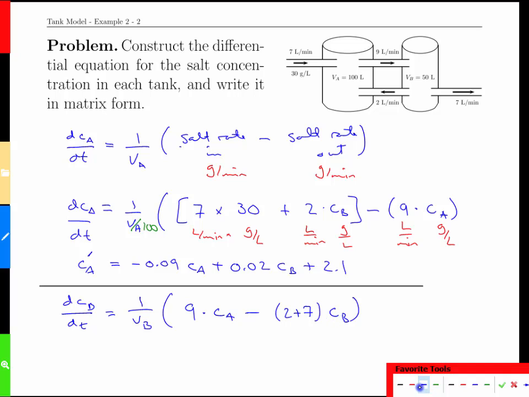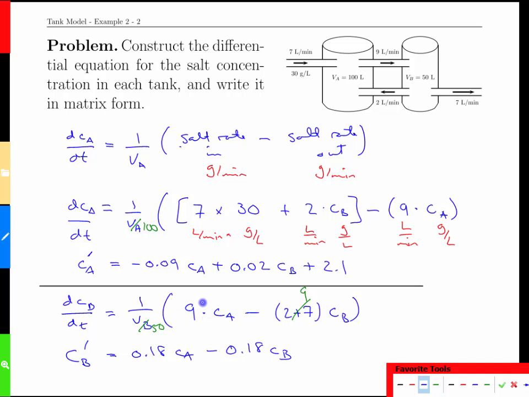So we actually can accumulate these together and get a 9 for that. And if we use the value 50 for VB here, what we're going to get is positive 0.18 CA minus 0.18 CB. And that's CB prime.